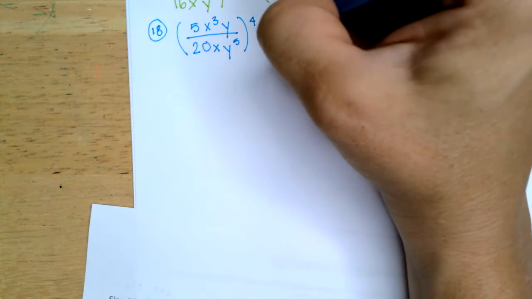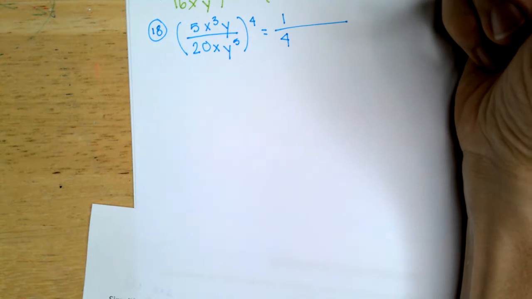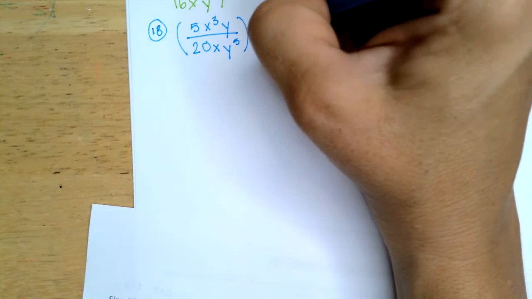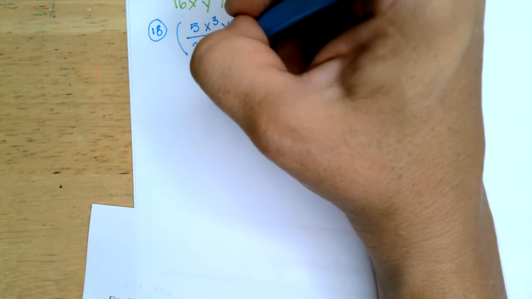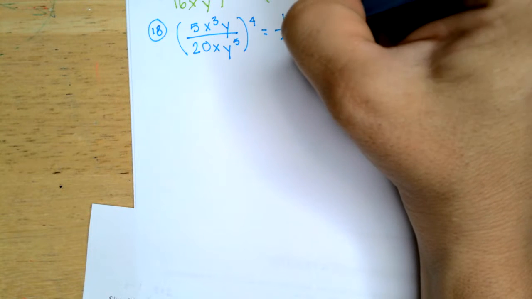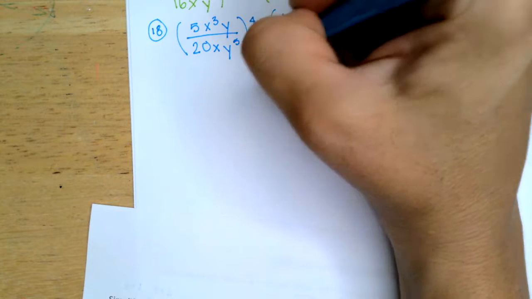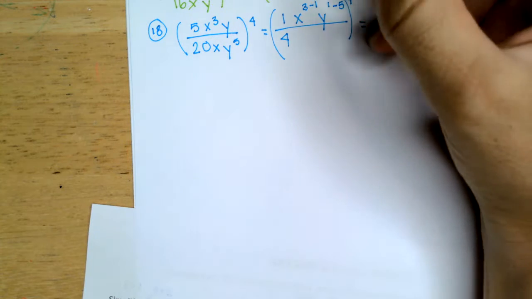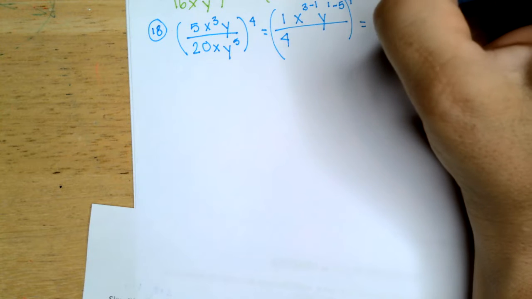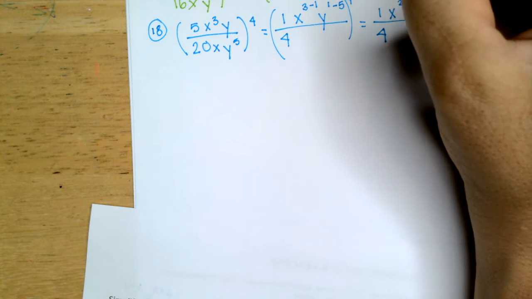There, I can divide both of them by 5. 5 divided by 5 is 1. 20 divided by 5 is 4, right? Okay. Then I have x. So these all stay on top. X to the 3rd minus 1. Y, that's an understood 1, minus 5. All to the 4th. I'm not going to forget that this time. So we'll leave that as 1, 4. 3 minus 1 is 2. 1 minus 5 is -4.